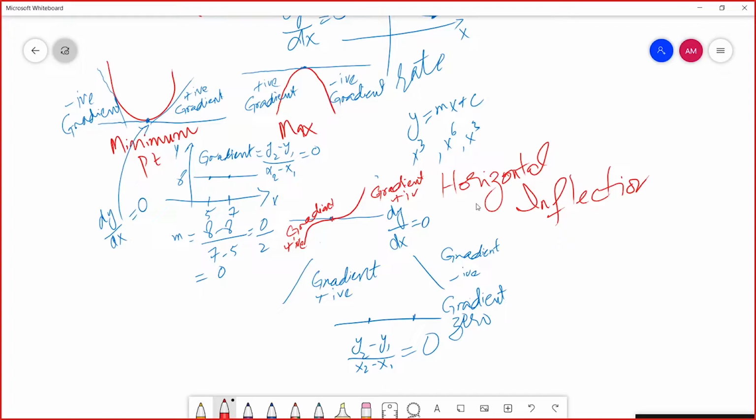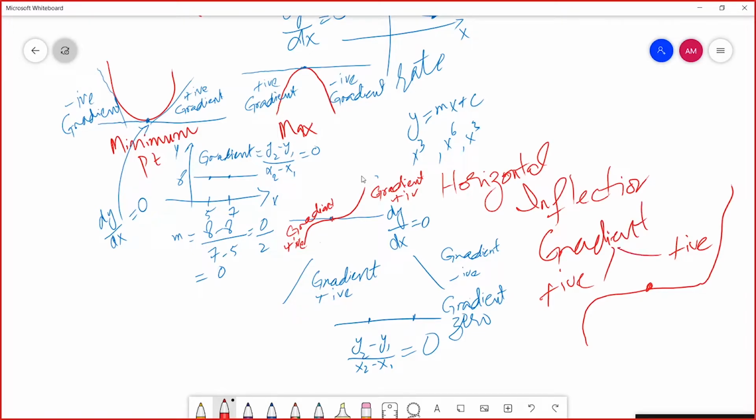Now we have something very interesting. If it is a horizontal inflection, where the curve is rising, then becomes horizontal, and then goes up again, the gradient before the point of inflection is positive, and after the point is also positive. So it's not changing. Do you see this? Any question to this?